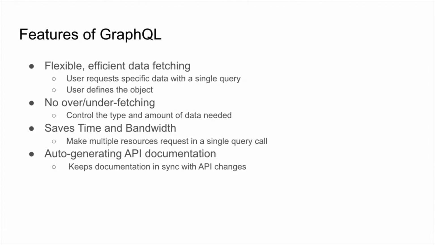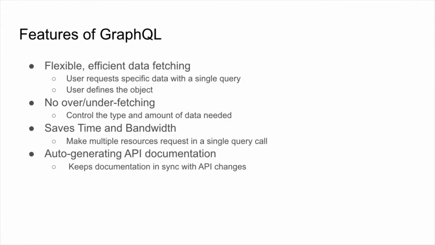This means that the query retrieves only the data specified by the user, and there is no overfetching or underfetching. The user has the ability to control the type and amount of data needed. This way, multiple resource requests can be made in a single query call, which significantly reduces the number of network round trips to the server and saves a lot of time and bandwidth.